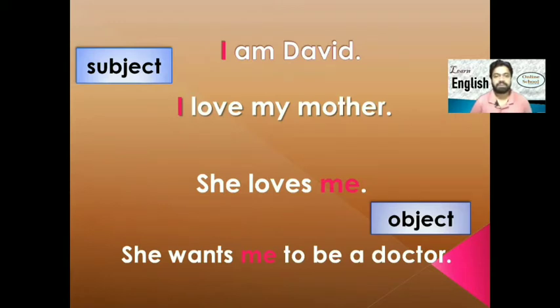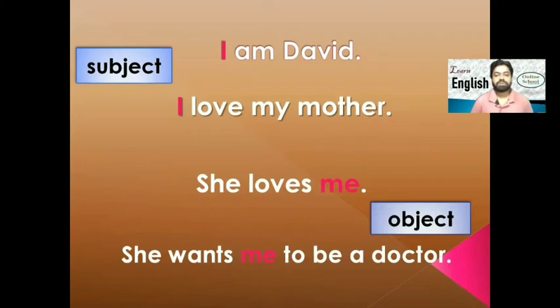It entirely depends upon the main verb used in the sentence. Like here, I am David. Here, am is the verb. I love my mother. Here, love is the verb. Verb means an action word. Okay, you know the definition. She loves me. Here, the verb is loves.